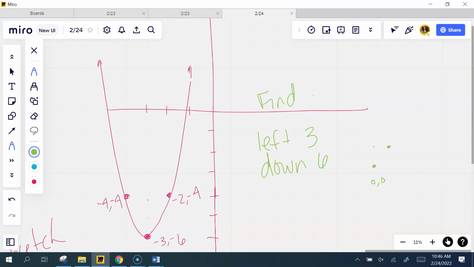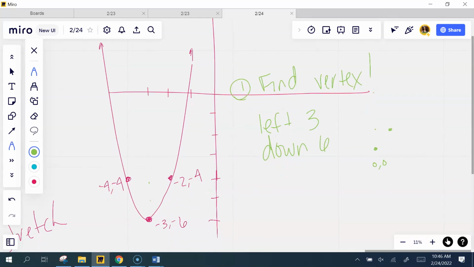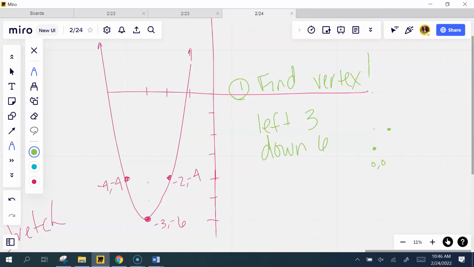All right, so first step, we're going to find the vertex and talk about how it slid. The next thing that we want to do, does it have a reflection? This one's a no. After we've identified a slide based on the vertex, and if it has a reflection, then we're going to try to identify the shrink or stretch.